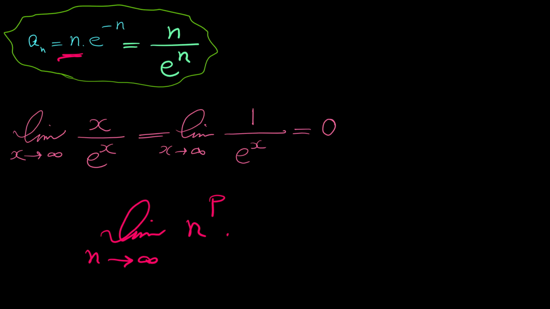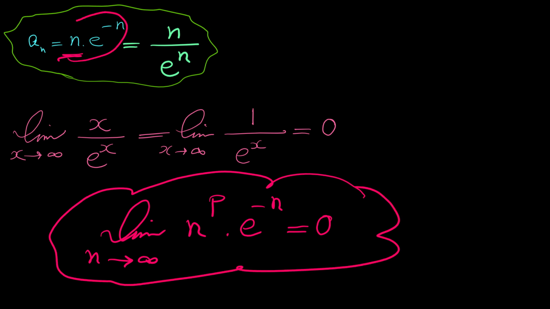For example, n to the power of 100 times e to the negative n, which you know you can move down like I did here. This limit is always equal to 0.